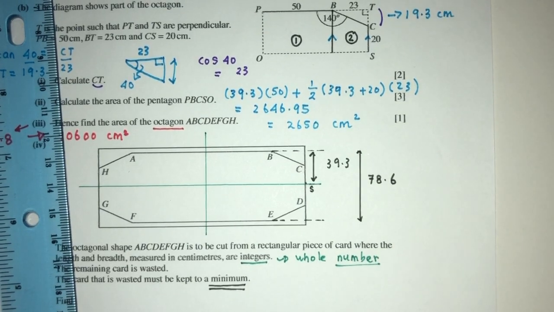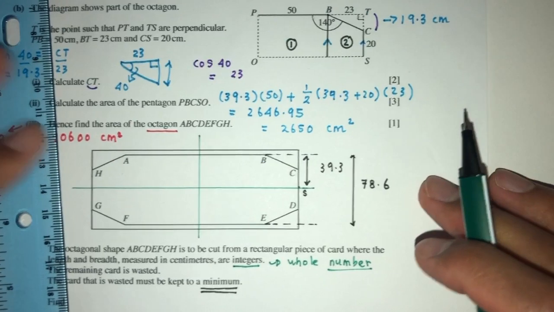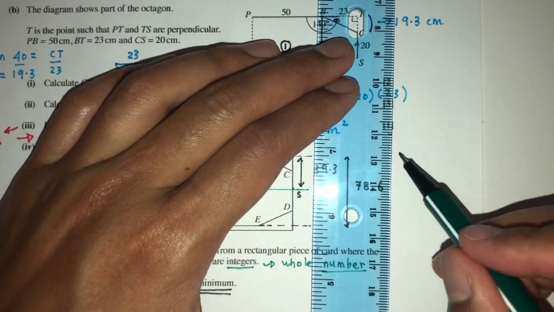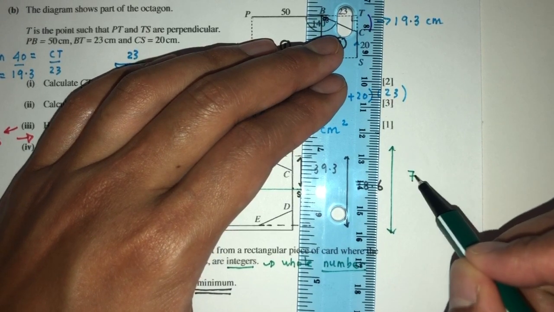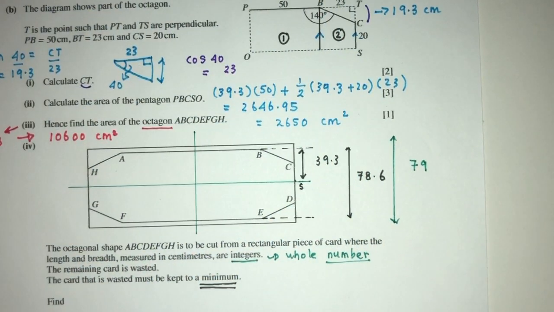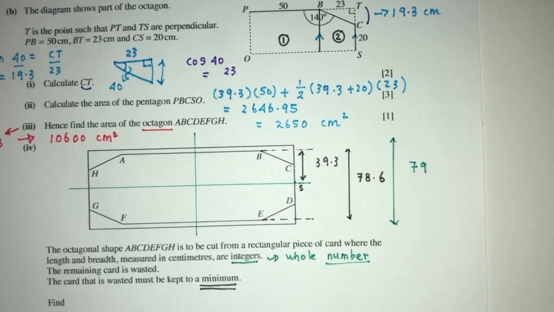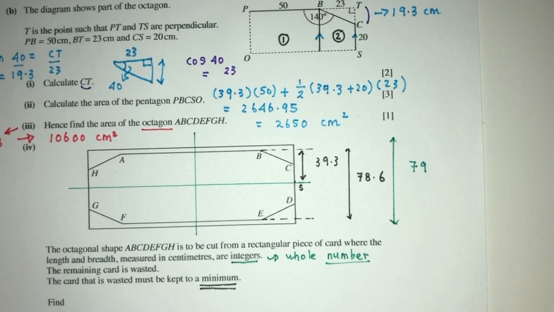So what is the next integer from this? The next integer would simply be 79. It cannot be 78.6, and it cannot be 78 because it will be too small. So 79 will be the next integer value that we can use to cut at least the width from.